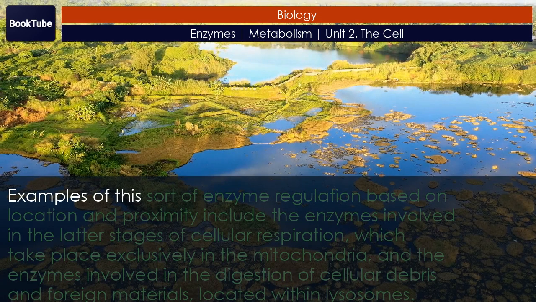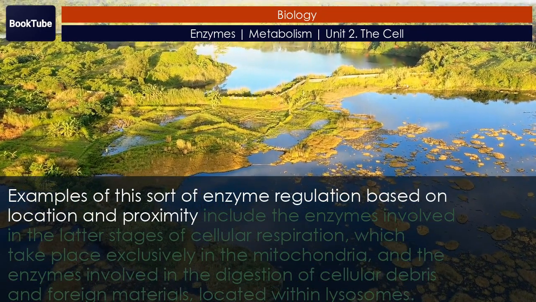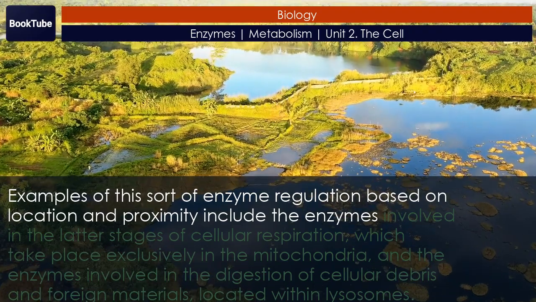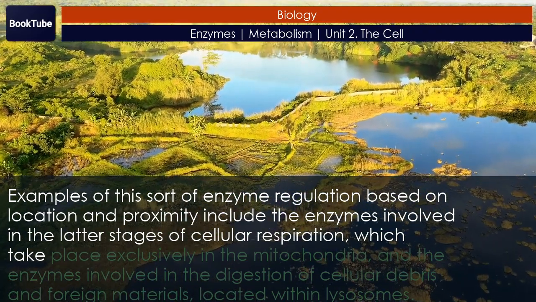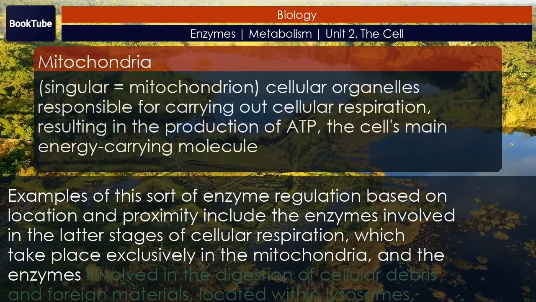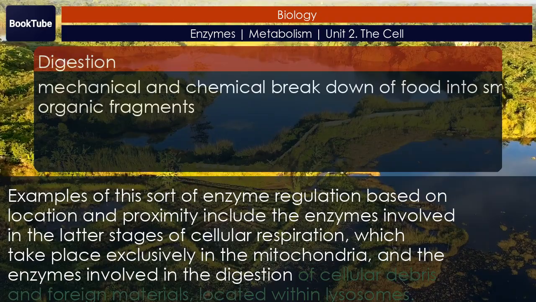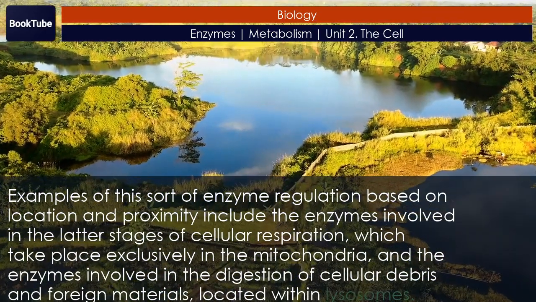Examples of this sort of enzyme regulation based on location and proximity include the enzymes involved in the latter stages of cellular respiration, which take place exclusively in the mitochondria, and the enzymes involved in the digestion of cellular debris and foreign materials, located within lysosomes.